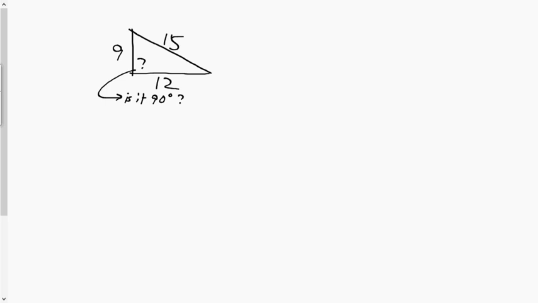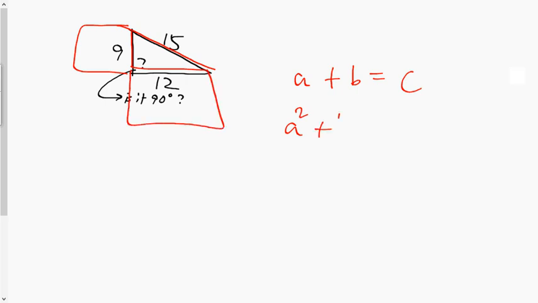Our next question says, is this 90 degrees? If it is 90 degrees, it should follow what law? The Pythagorean theorem. It shouldn't be that they add up together, because Pythagoras did not say the A plus the B equals the C, did he? He said the area of this square, or A squared, plus the area of this square equals the area of the third square on the hypotenuse, or A squared plus B squared equals C squared.